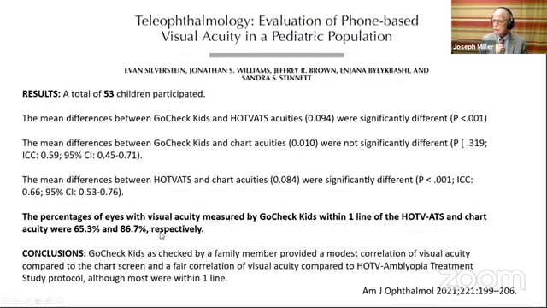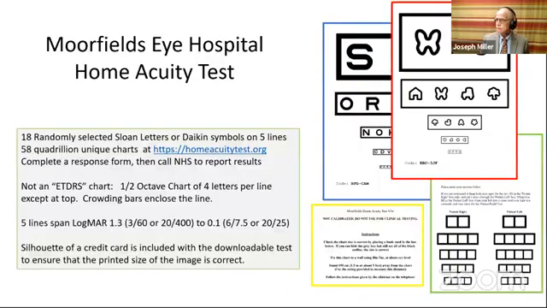That's about as good as most visual acuity tests agree with each other within a line. Within 7 letters is the standard of statistics. So the conclusion produced by this test was that this Go Check Kids app, if used properly at a distance of 5 feet, provided modest correlation of visual acuity compared to the chart and fair correlation with the HOTV study within one line. That's pretty good. And that was in the American Journal of Ophthalmology this year.